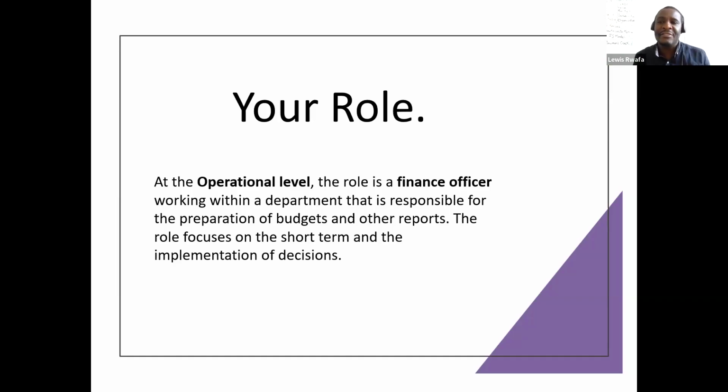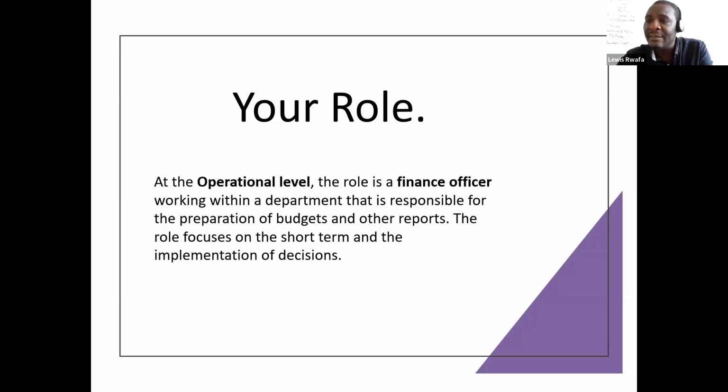So what it means is, straight away the examiner is telling you that if you come in the exam and come up with these long-term decisions, we are not expecting that at this moment. We are going to ask you that at management level and at the strategic level, when your role changes. Because when you go to management level, your role changes to that of a finance manager.